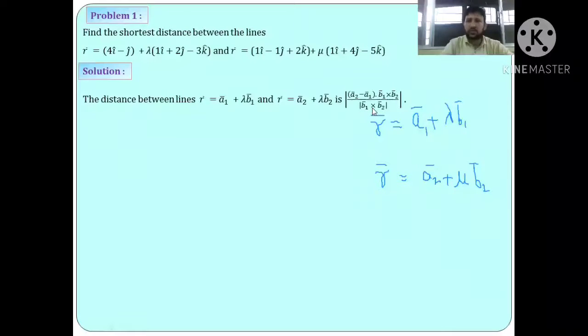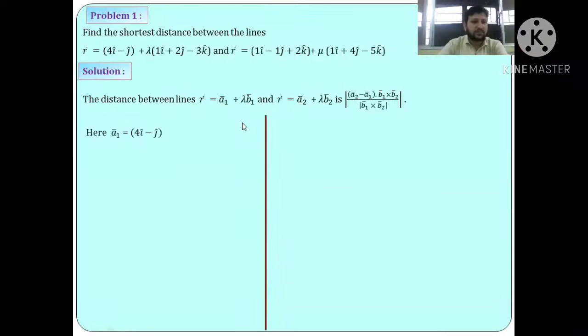We need to first find the difference a2 bar minus a1 bar, after that the cross product of vectors b1 bar and b2 bar, then the magnitude of b1 bar cross b2 bar. Let us first compare with the given equations of lines. Then we can write the position vectors for the points and parallel vectors b1 bar and b2 bar.